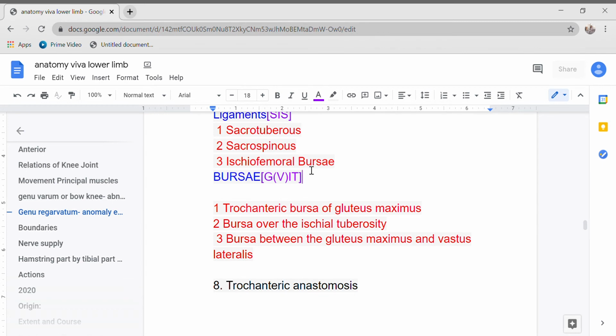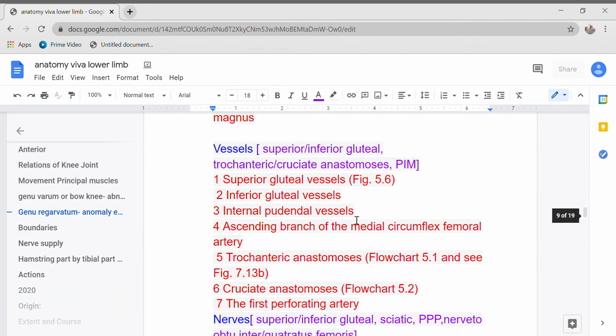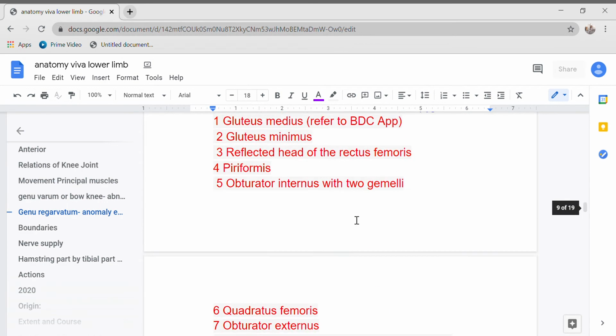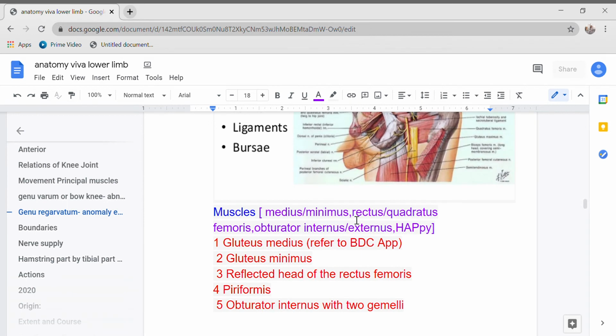So what are the muscles? To conclude, there are gluteus medius, gluteus minimus, rectus and quadratus femoris, obturator internus and externus, hamstring four muscles, adductor magnus, and P is for the piriformis. So what are the vessels?